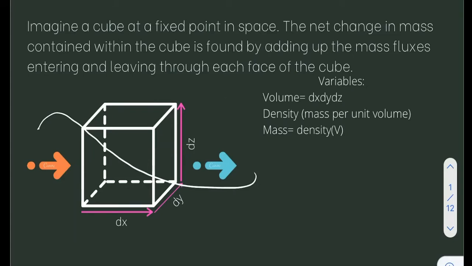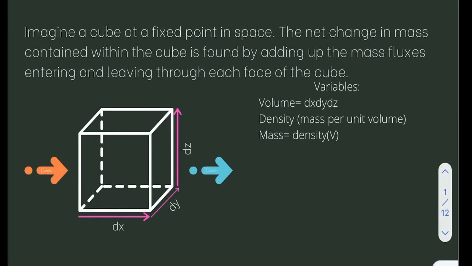The net change in mass now is the question. So, kung may pumapasok na air parcels or wind or whatever it is at this fixed cube in space, what is the net change in mass contained within the cube?